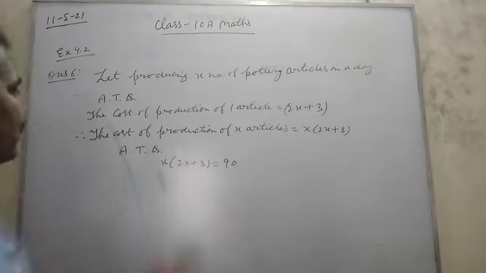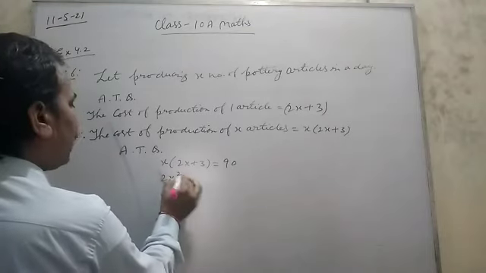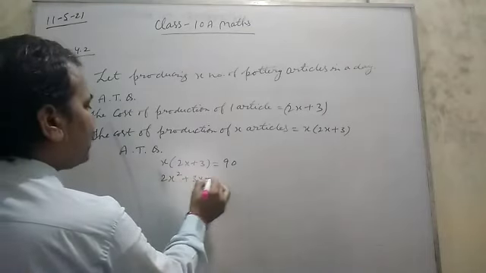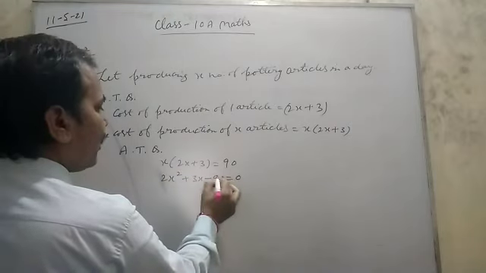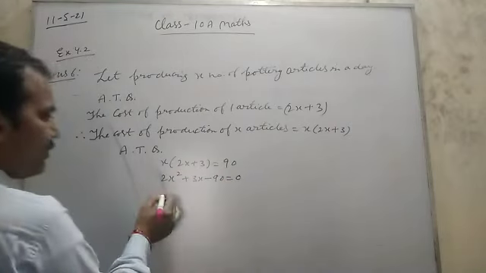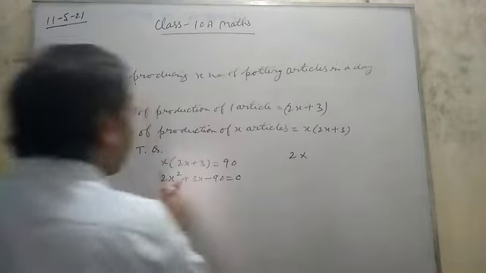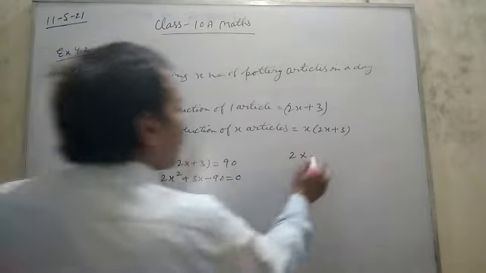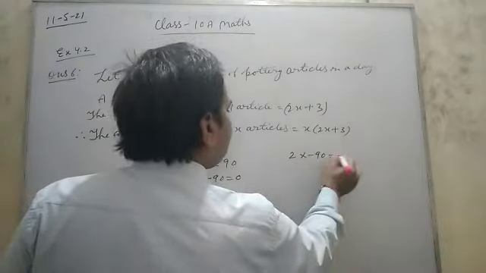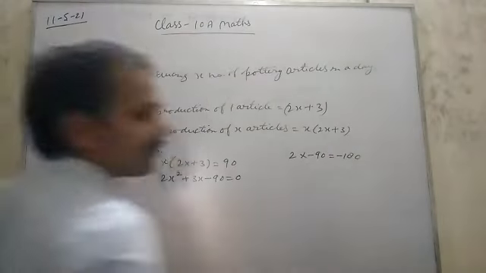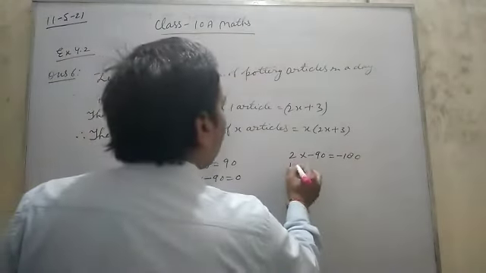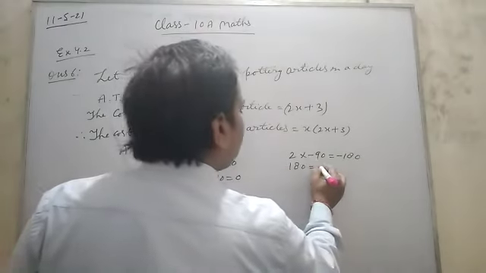Okay. So multiply by x. So 2x square plus 3x equals 90, transfer this side. Okay. So x square coefficient 2 and constant term minus 90 means their product will be minus 180. So find factors of 180.